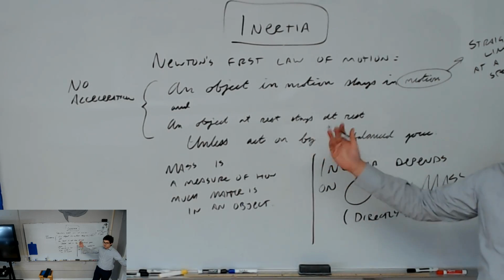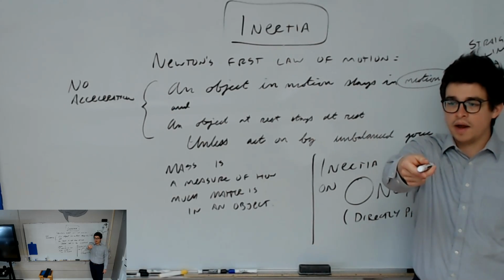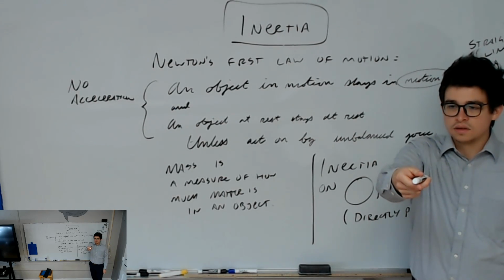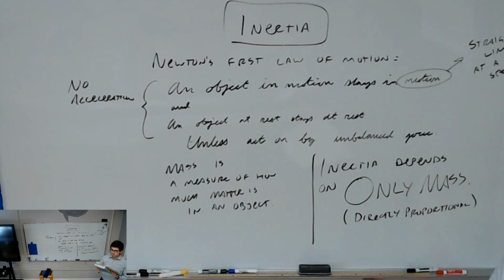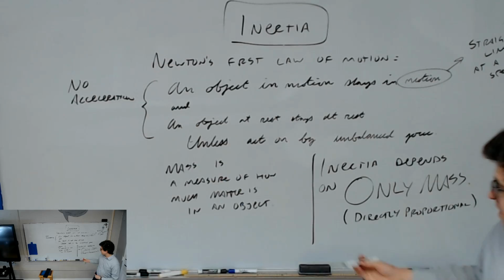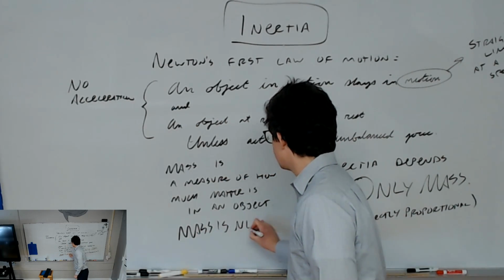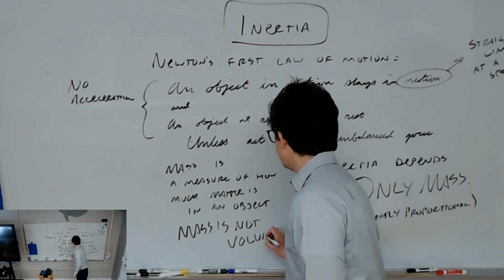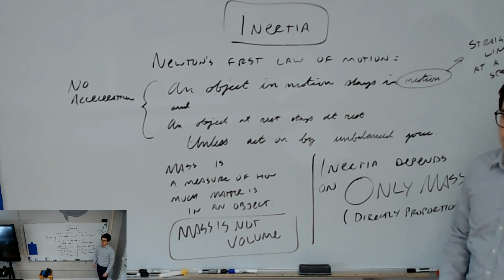Do big objects always have more mass? Think about my aired up globe in the back. Does that have more mass than this book? Probably not. So do big objects always have more mass? So mass is not, let's write this down, mass is not volume, right? Bigger objects don't always have a higher mass.